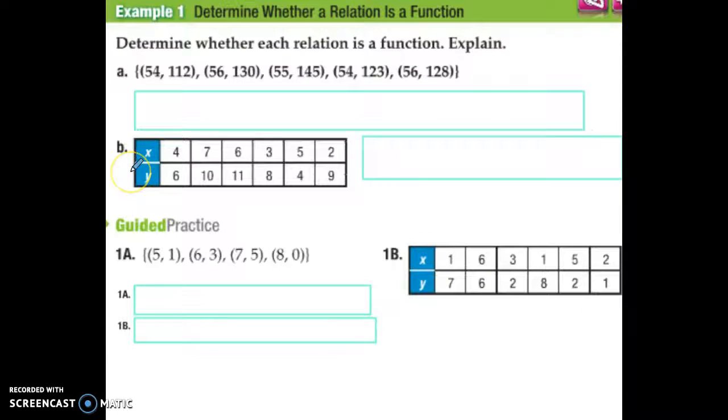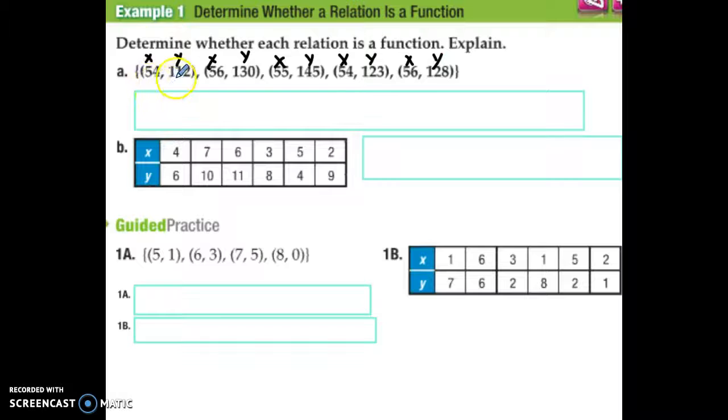Alright, so let's see if we can determine whether it's a function or not. So, again, these are all my x's. The first numbers are my x's. And my second number is my y. So they're saying when I plug in this number, this is what I got out. When I plugged in this number, this is what I got out. Okay, so was there any of these points that I plugged in a number and I got more than one answer?